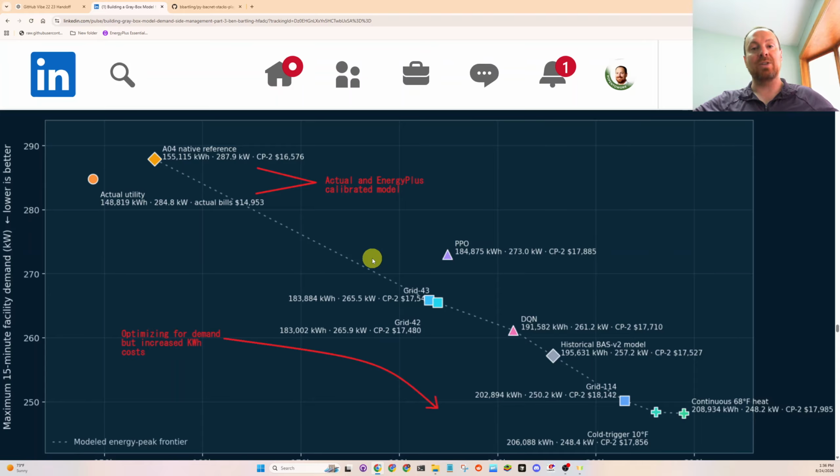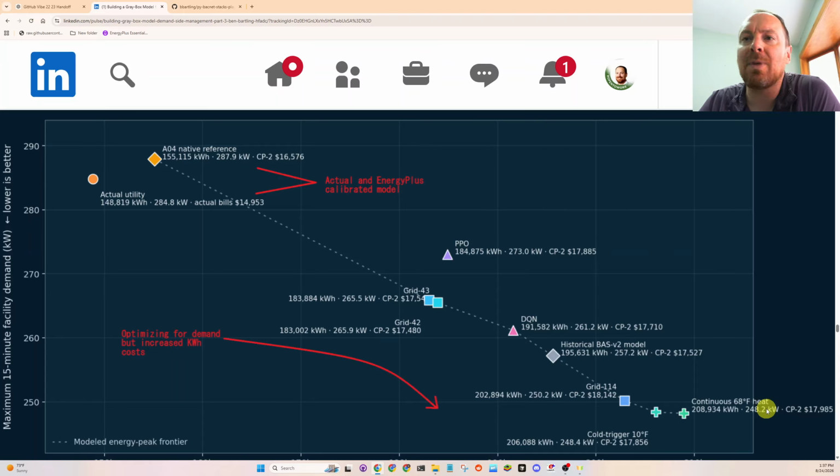So if you run the building 24/7, the building never goes cold and it never has that big peaking moment when everything starts up. You can kind of see that when we simulated running the building continuously in EnergyPlus, though the model kW only drops by about 40 kW, which I find hard to believe.